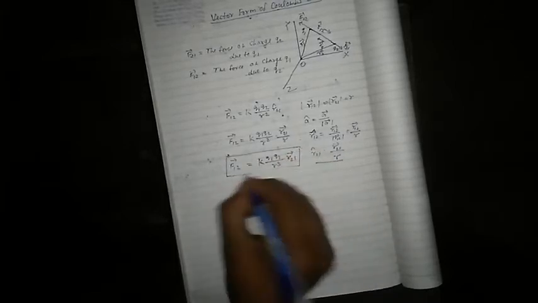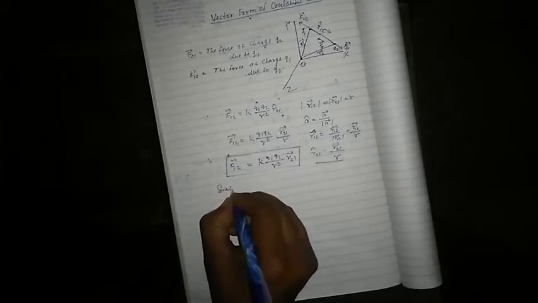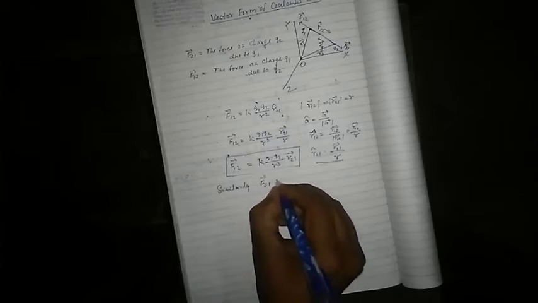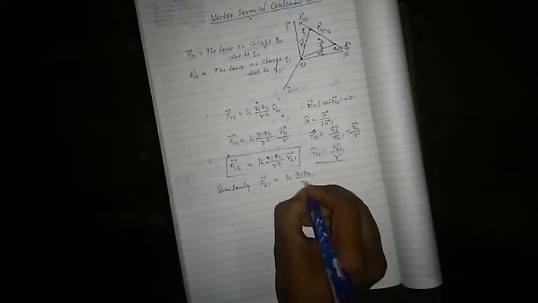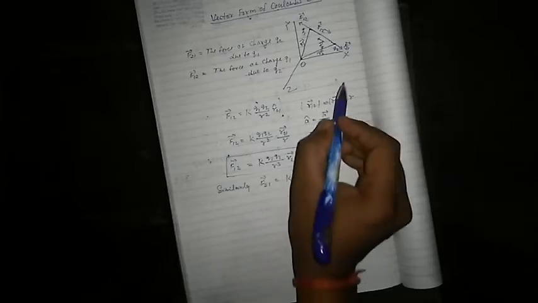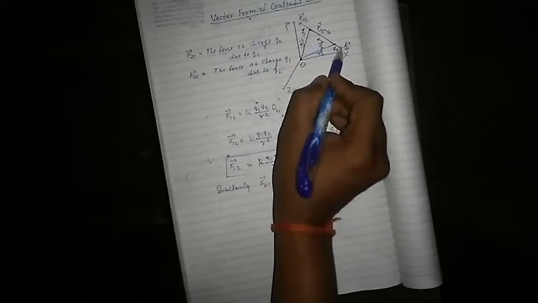Similarly, we can write F21 is k q1 q2 by r cube and the vector r12. Towards F21 is this one and r12 is this one, so the unit vector towards F21 is r12.